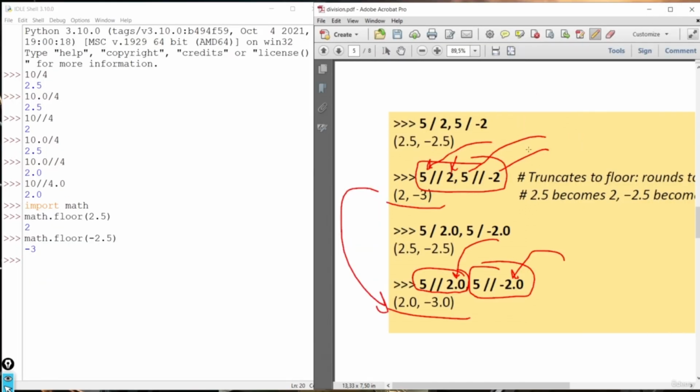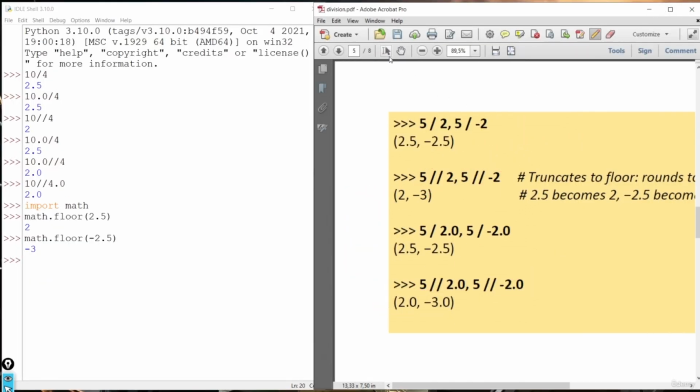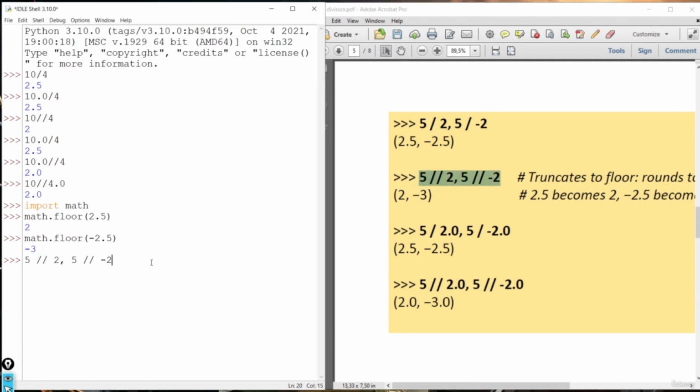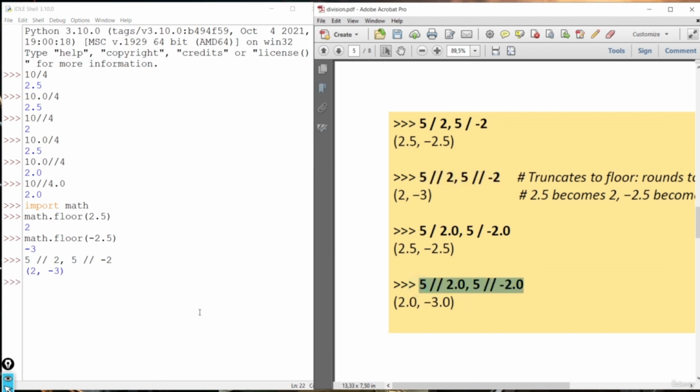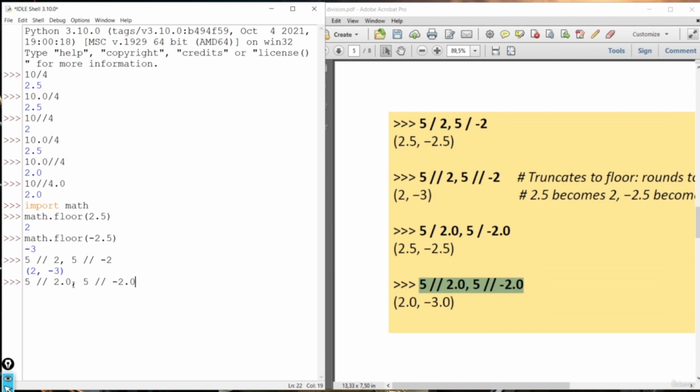Okay, let's make some practice here also. This is new to you. You already know classical division, and now let's compare it with this one. As you see, we have 2 and -3, but these are integers. Here we have floating point numbers, 2.0 and -3.0. Why?